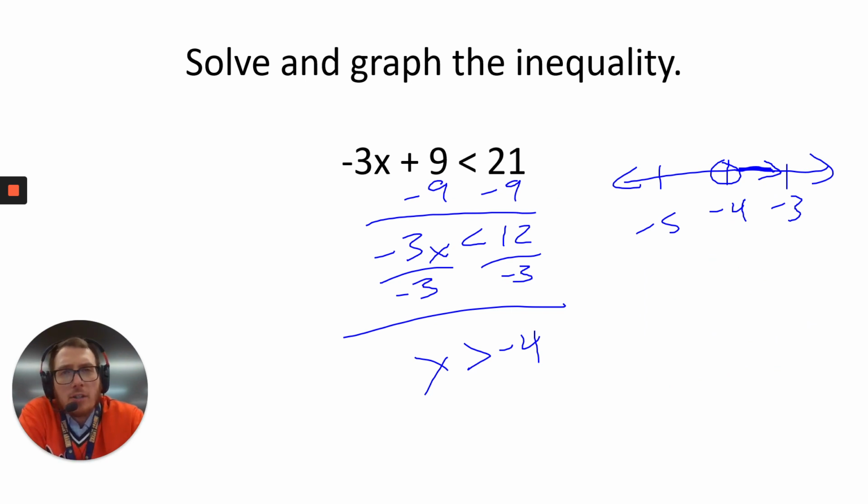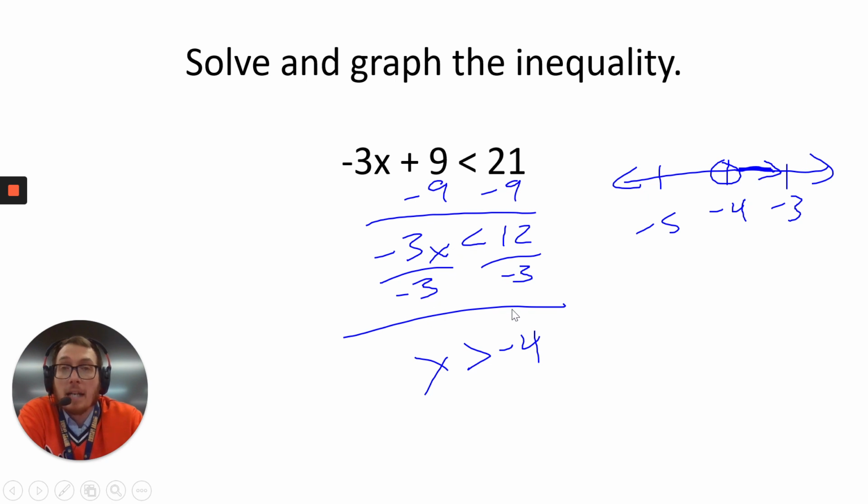Graphing inequalities, there's a few things that you want to make sure of. Number one is open and closed circle. So this definitely is going to have an open circle when I solve it because it's just a less than symbol, which eventually will become a greater than symbol, because the second thing we need to remember is when we have a coefficient that's negative, like this -3 right here, I'm going to have to flip the sign. So I solve this just like an equation. To get rid of +9, I'm going to do -9 on both sides. -3x is less than 12.